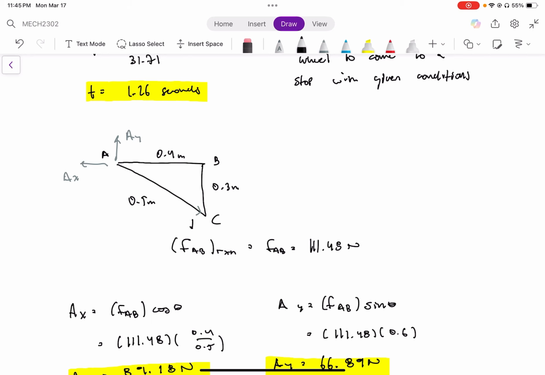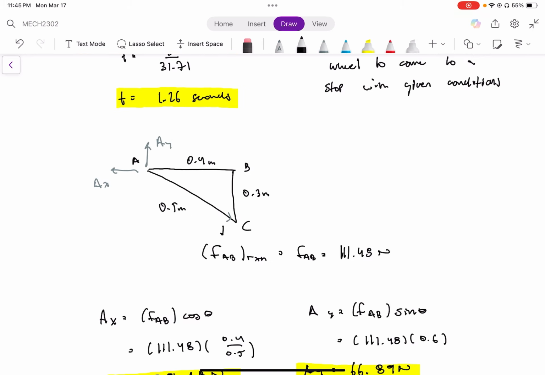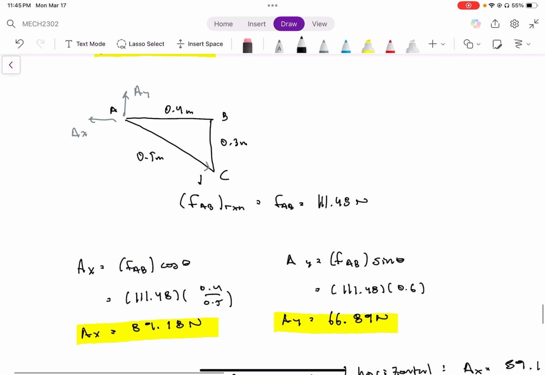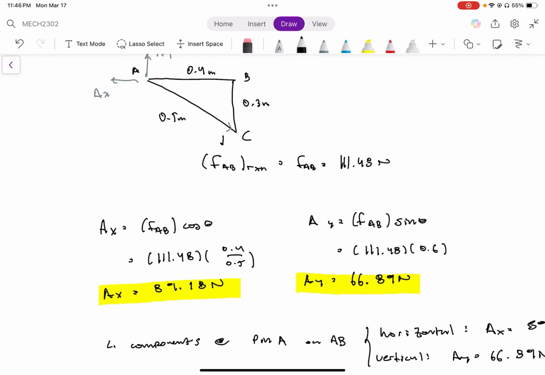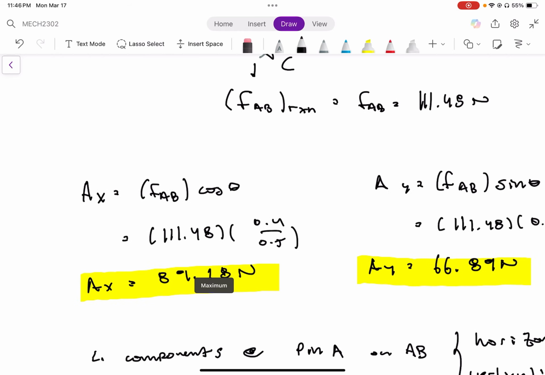Now we're solving for AX and AY. This is the diagram that we're given, resolving out the forces. The force along AB is equal to FAB, which is 111.48, and this is just a simplification for AX. We plug in FAB, and cosine is again just a ratio, so we don't have to know the theta value, and we get that AX equals 89.18.